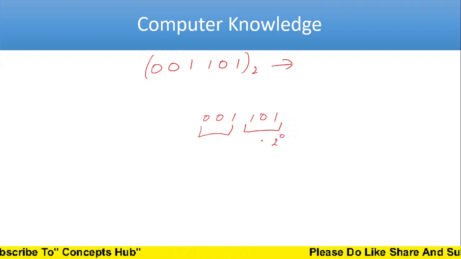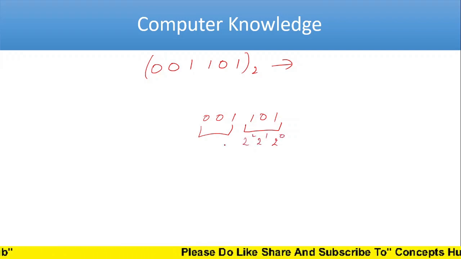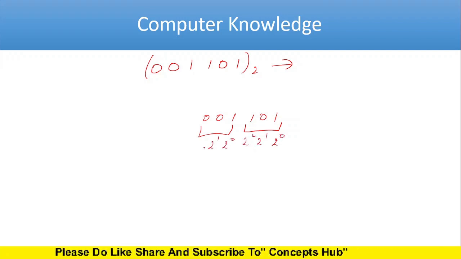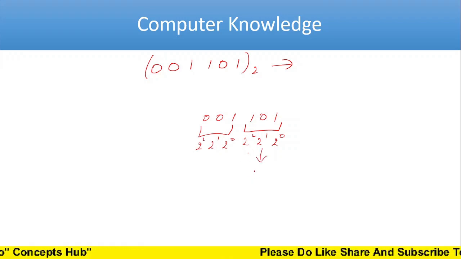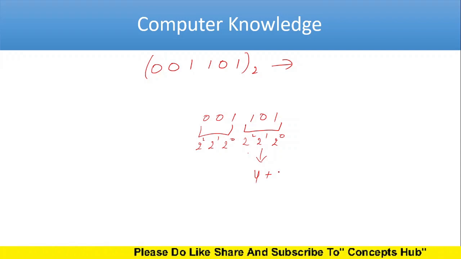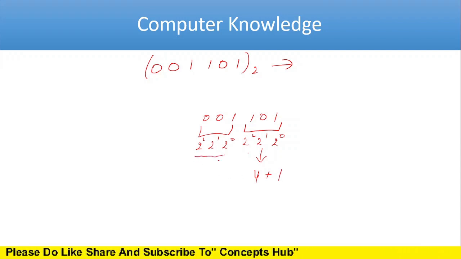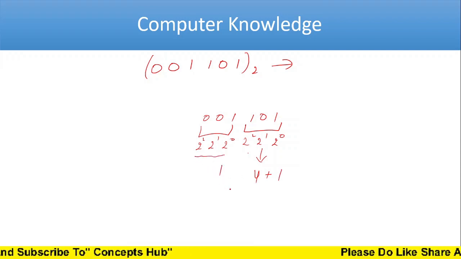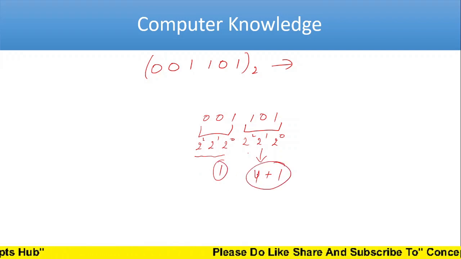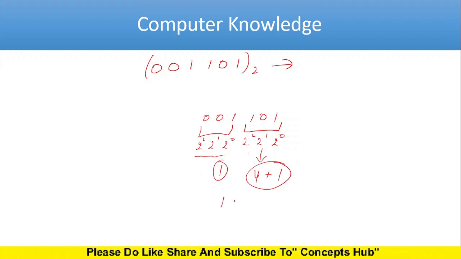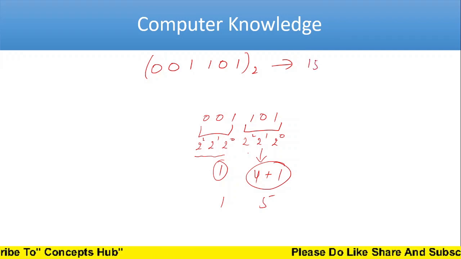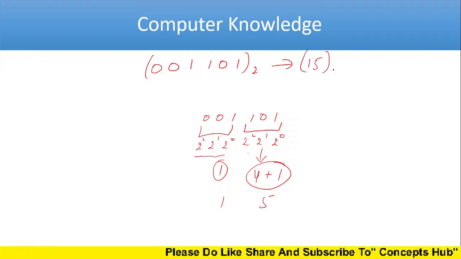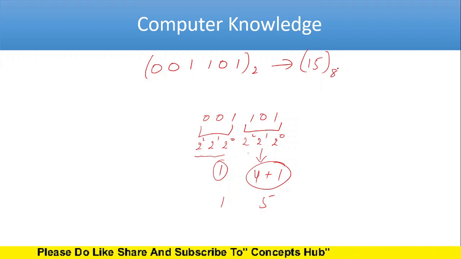Here 2 to the power 0, 1, 2, and 2 to the power 0, 1, 2. So what do you get here? 4 plus 1. What do you get here? 1. Okay. So 1, this is 5. So it is 15. Okay, base 8.